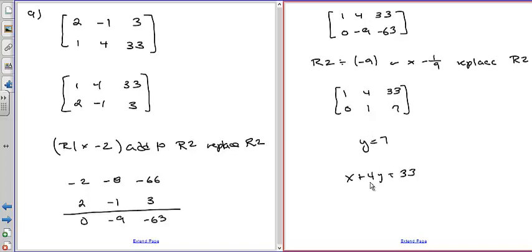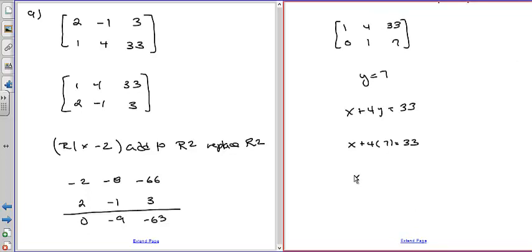That's the first equation. So we're going to plug in 7 for y, which we just calculated. And so we'll get x plus 28 equals 33, and 33 minus 28 is 5. So our solution is x equals 5, y equals 7. And you can plug those back into the original two equations, and you should get them to work out correctly.